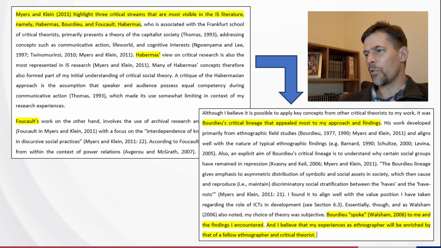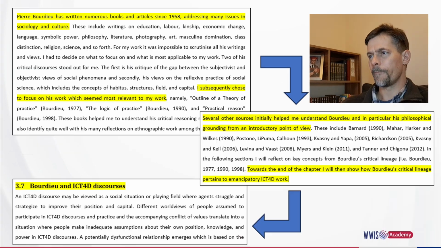I also said that Bourdieu spoke to me, and I believed that his theory would align best with my phenomena of interest and what I need. Basically, it meant for me that Bourdieu was an ethnographer, I was an ethnographer, so the knowledge construction approaches aligned quite well with each other. Therefore, the theory fit well.